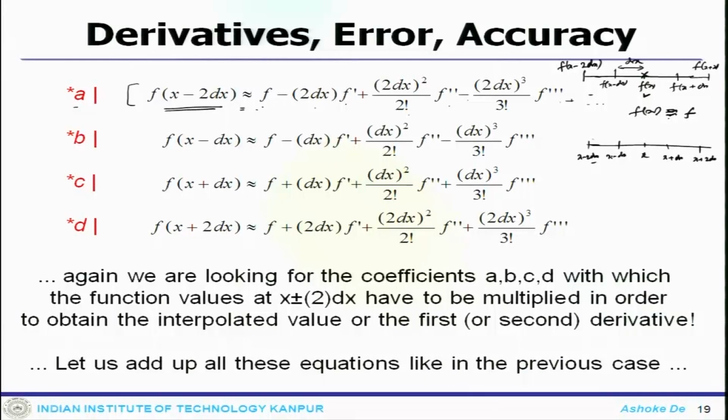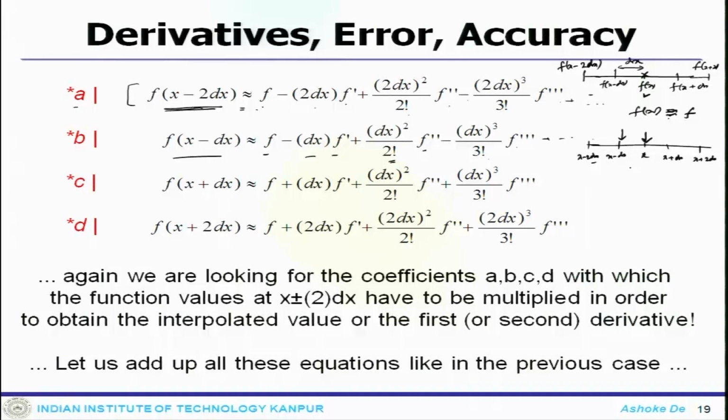Now first find out f at x minus 2 dx, then we find out x minus dx. That means using the value at x, I try to find out the function value at x minus dx. Again f minus dx f prime plus dx square by factorial 2 f double prime minus dx whole cube by factorial 3 f triple prime and so on.